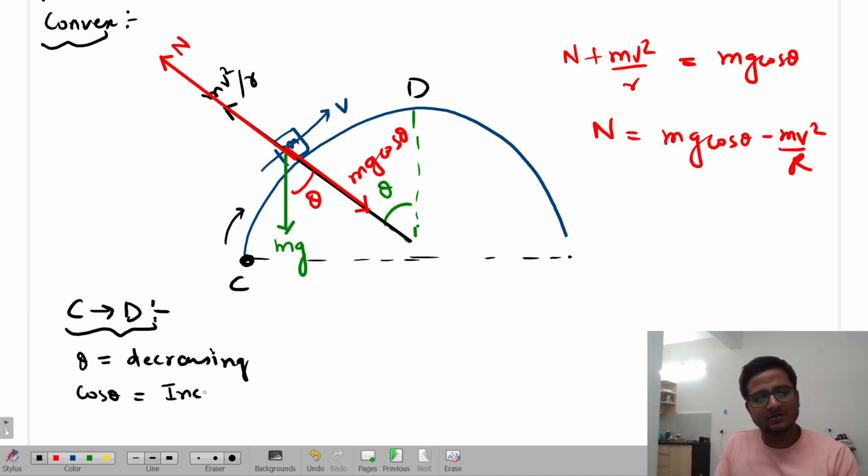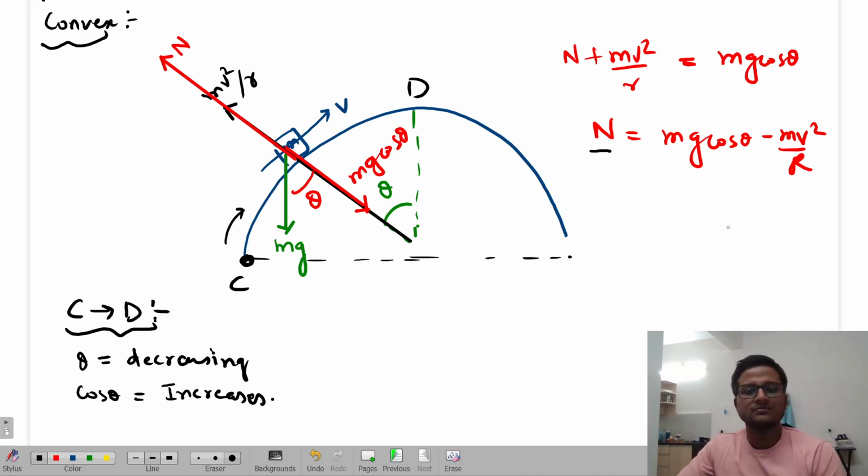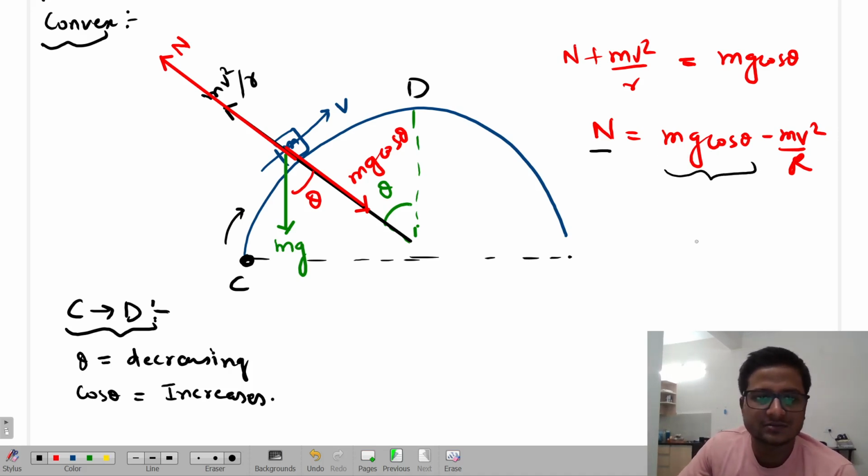Cos theta increases. Now you look over here. N is equal to mg cos theta minus mv square by r. So as I move upward, mg cos theta is increasing or decreasing? It's increasing. So if it is increasing, the value of normal is increasing or decreasing?